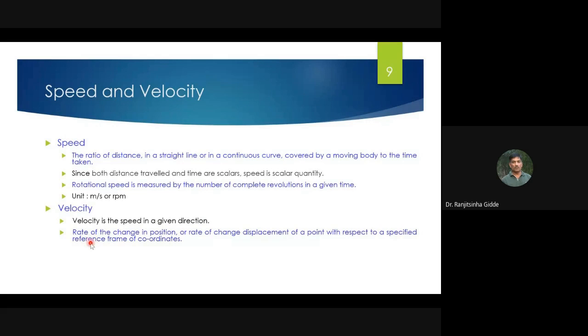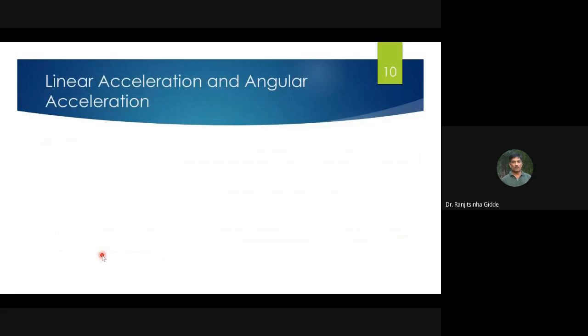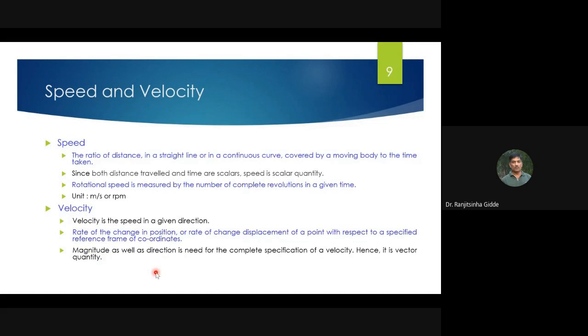And for the second point you can write, rate of change in position, or rate of change of displacement of a point with respect to a specified reference frame of coordinates.